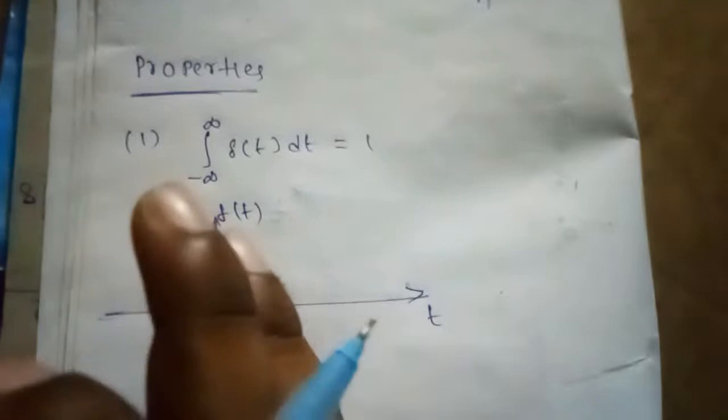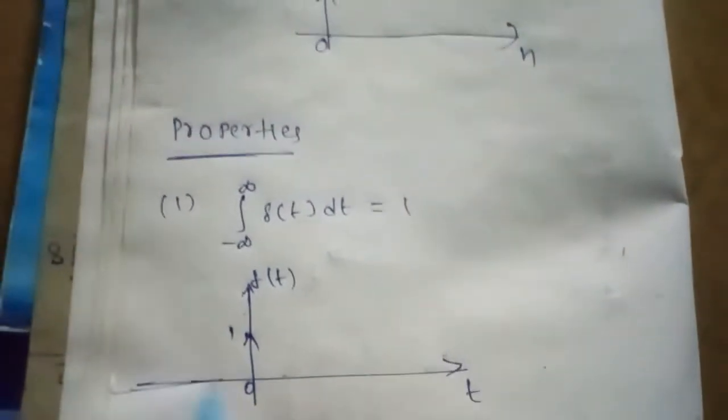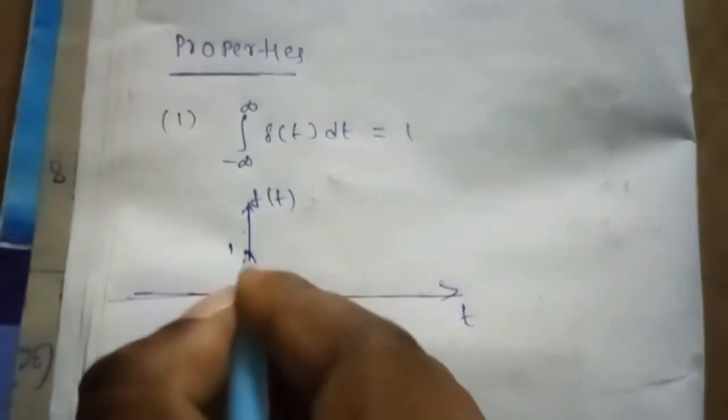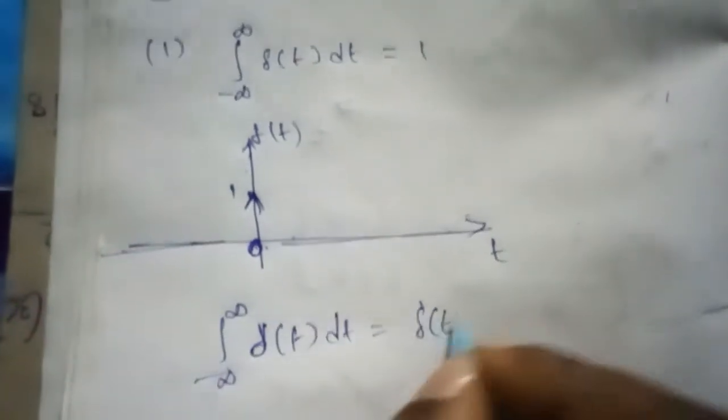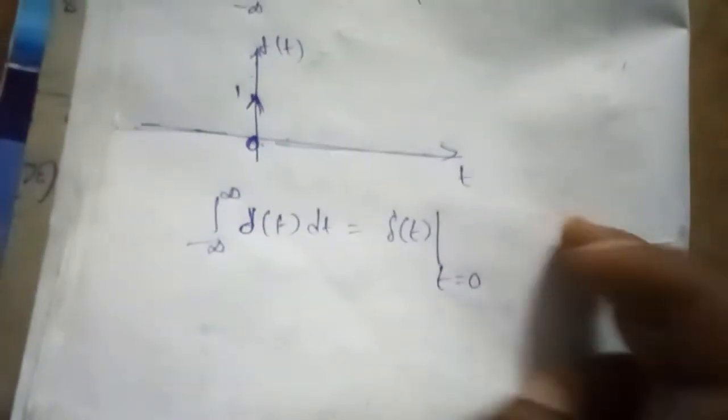If we apply integration on this graph, we have to sum both negative and positive sides up to infinity. But if you identify, there is only 1 at 0, so we write the integration like this: integral of del of t dt is equal to del of t at time t is equal to 0. Only here the signal is present, and the remaining all are zeros.